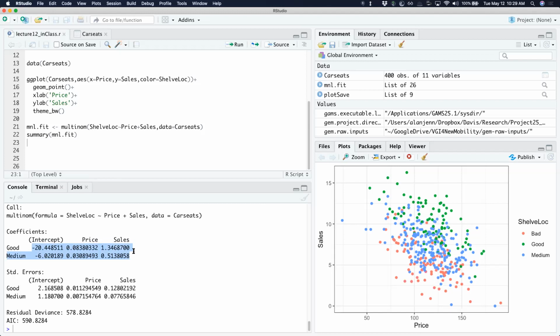What you'll also notice is that there's one set of coefficients that are missing, right? We had 3 outcomes: bad, good, and medium, but the bad coefficients aren't here. Why is that? Similar to the linear regressions that we were doing with categorical variables, you have one base level, and that is getting left out. That's the bad shelf location outcome.